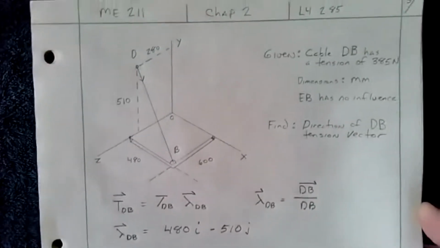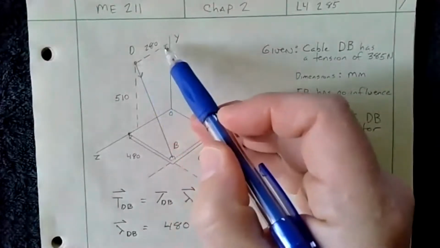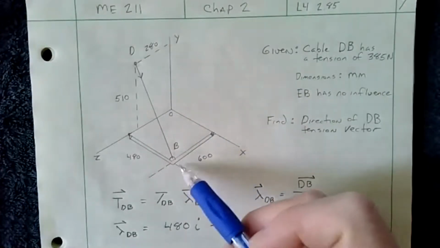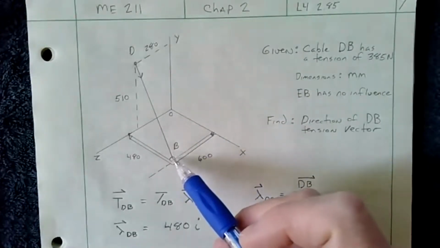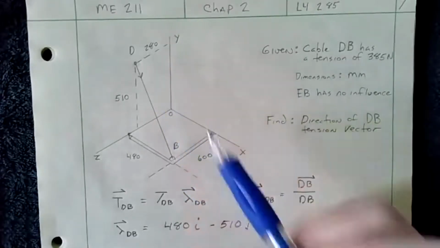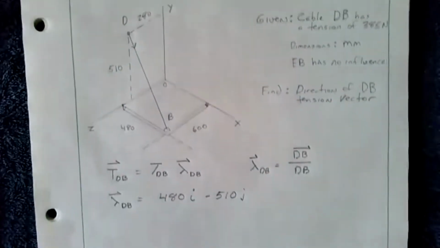And then the Z, D is at 280, it's going to go out to 600. So the difference, normally you'd say B minus D, but 600 minus 280 would give you 320. So we have to go out 320 in the positive k direction.